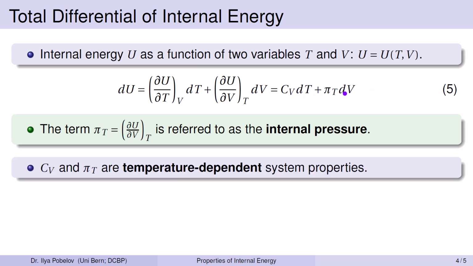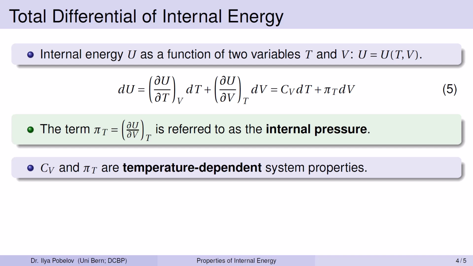Both these variables, heat capacity at constant volume and internal pressure, are temperature dependent and are specific to the system in question. When it comes to the dependence of internal energy on state variables, ideal gas represents a special case.